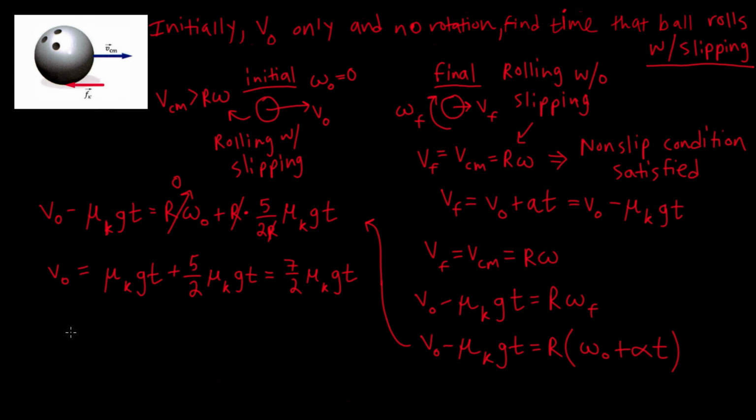And if we do that, we would just get that the time is equal to 2 over 7 times the coefficient of kinetic friction times g, times the initial velocity. And so this right here is the time that the ball rolls with slipping.